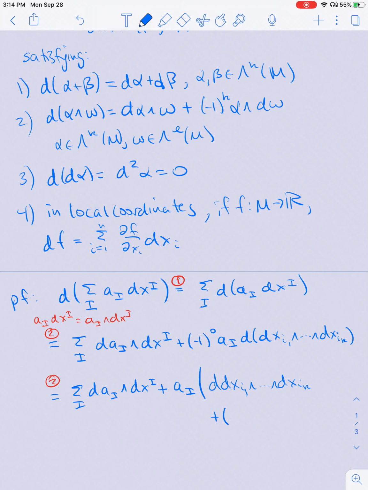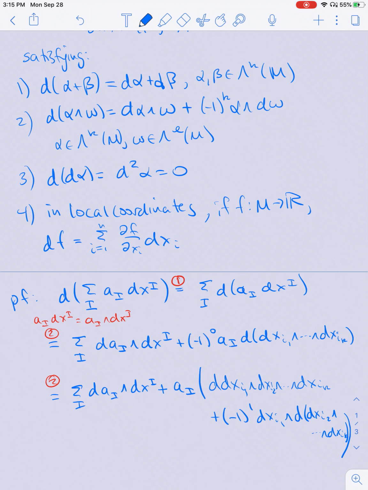So these are all 1-forms, right? So these will be (-1)^1 dx_i1 wedge, and I will be computing now d of dx_i2 wedge all the way out to dx_ik.